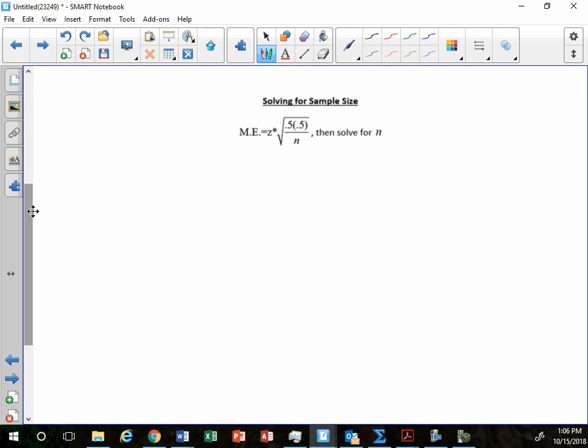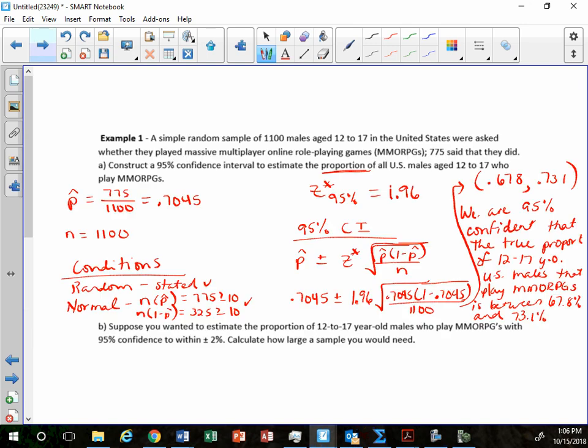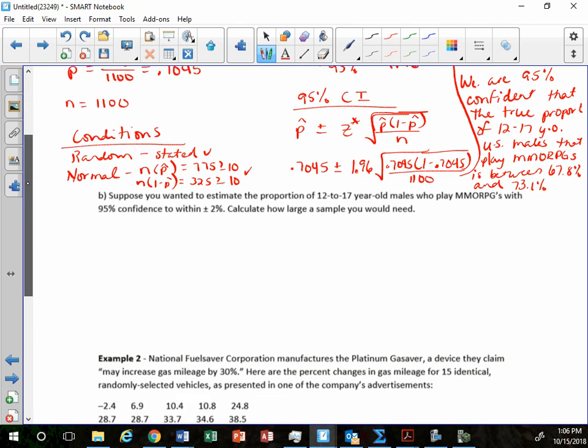This 0.5 and 0.5: when we don't know the proportion, you assume 0.5 and 0.5. It's actually going to give you the highest value in here, so that's what we always go with to be safe. And then n is what you're actually solving for. So anytime you're solving for sample size based on margin of error, this is the formula you have to look at. So let's try to do that in part B of this.